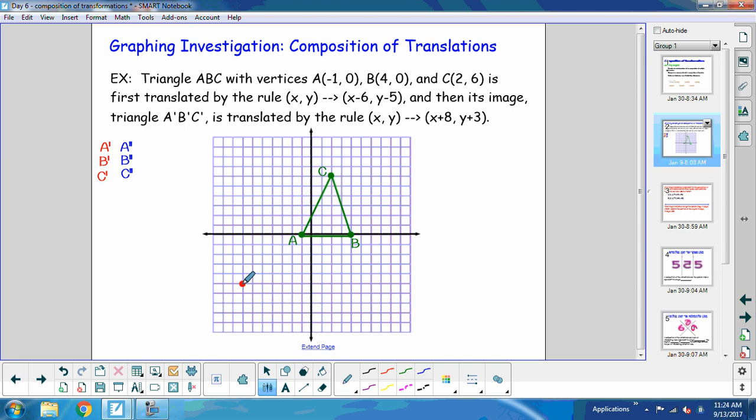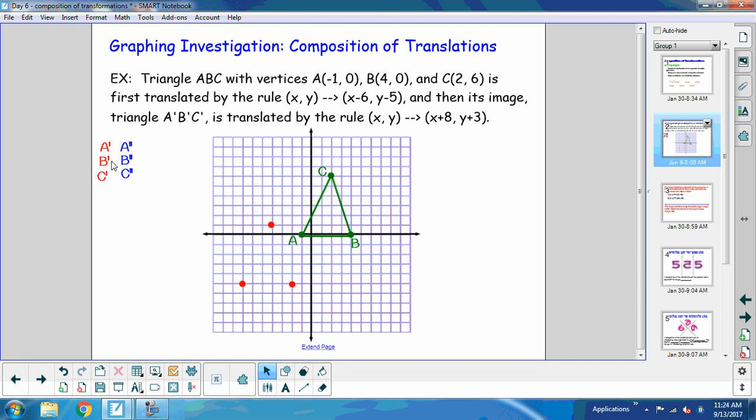So this is my new A prime. Same thing for B: left 6 and down 5. There's my new B prime. Same thing for C: left 6 and down 5.